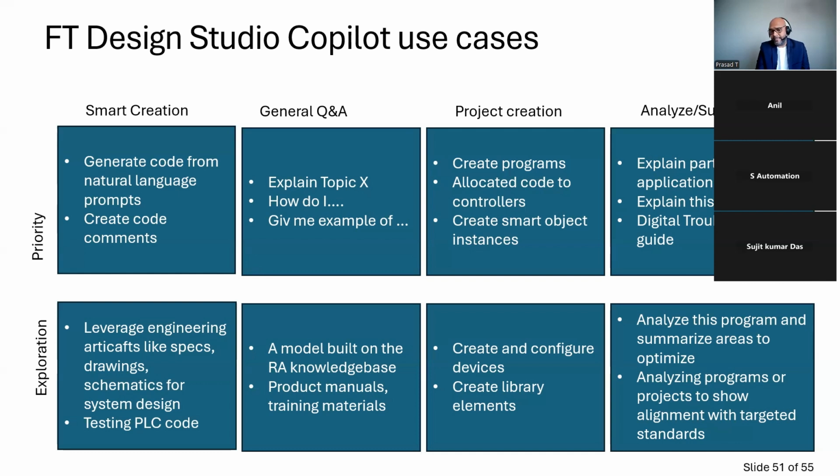And this is also very interesting: analyzing the program or project to show alignment with the targeted standard. So if we have developed code and we want to check if it is aligned with a particular programming standard, that's also one of the possible features that Rockwell may come up with.